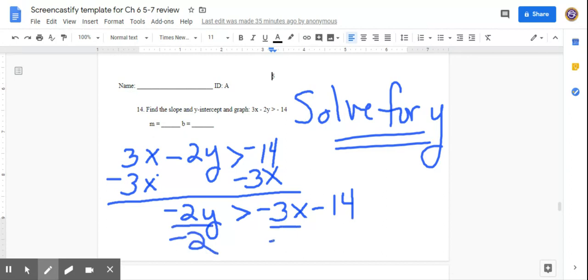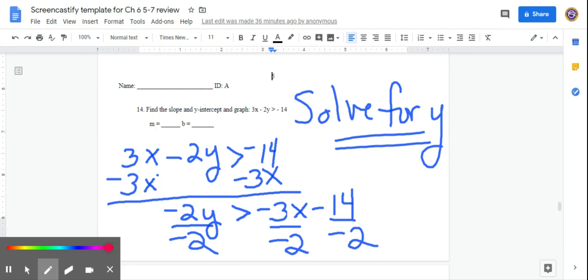Ding, ding, ding. We're writing down a negative number. So what do we have to do? We have to flip our sign. So make sure that that changes to a less than sign.